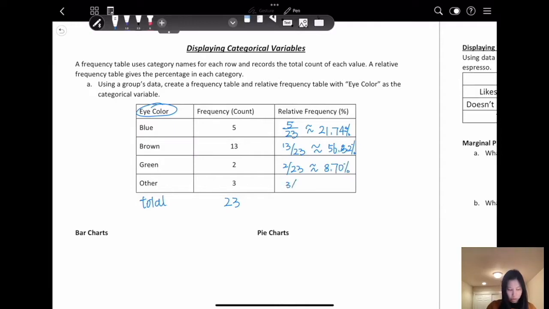And other is 3 over 23, approximately equal to 13.04%. So the sum of these relative frequencies should equal 100%. This is math. It has to equal 100%, or 1, when you add these numbers together. If it's not, that means you may be missing something.